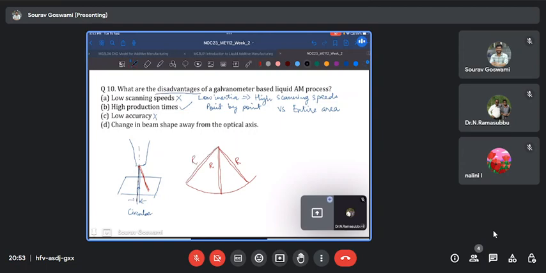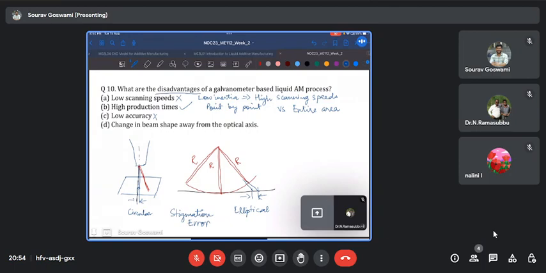But my build plate is somewhere here if I'm looking at it from the side. So when this beam is actually reaching the plate, it becomes elliptical. Thus, there is astigmatism error of the beam.